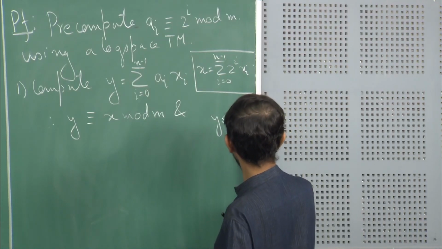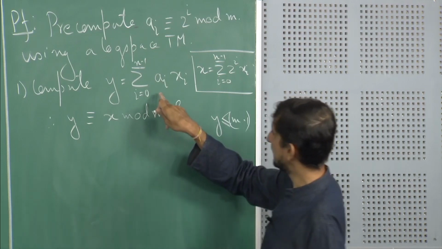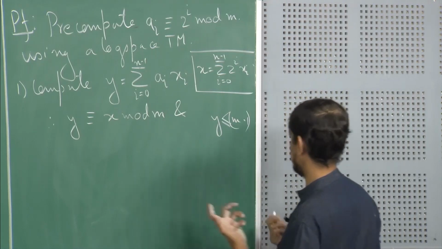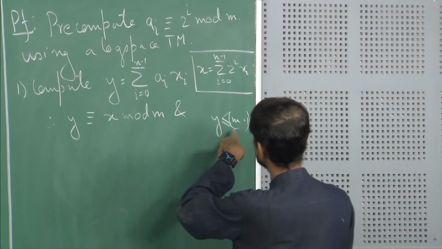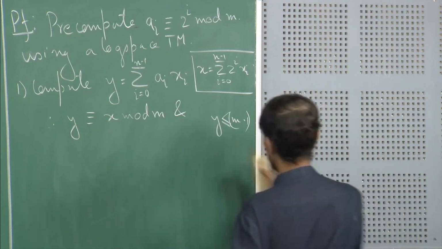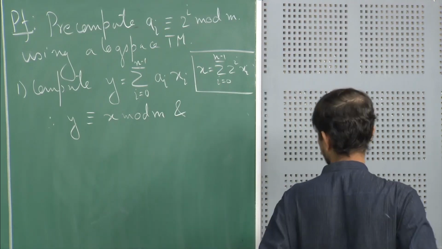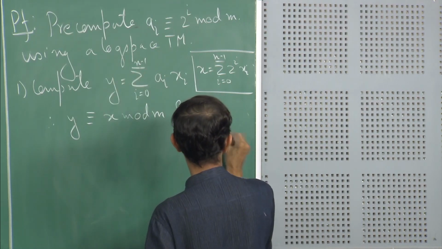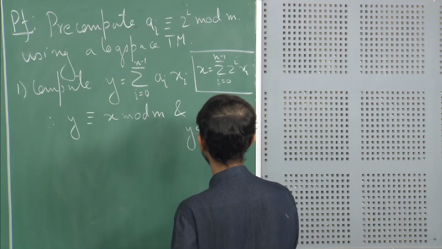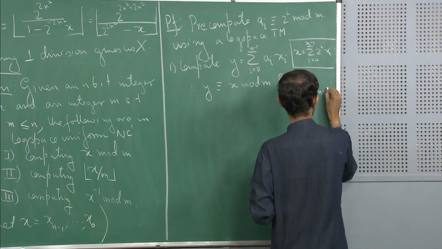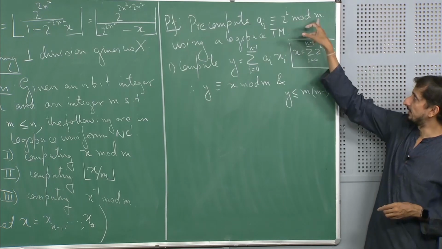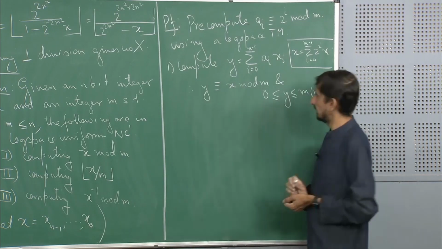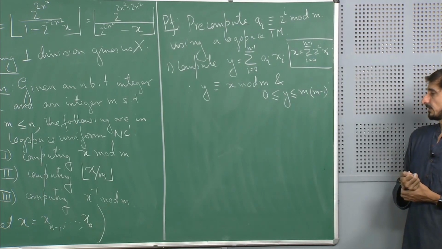Actually, sorry, what I mean is that the number of terms here is at most m, and the value of each a_i is at most m minus 1, because it is a remainder modulo m, and of course it is greater than or equal to 0.